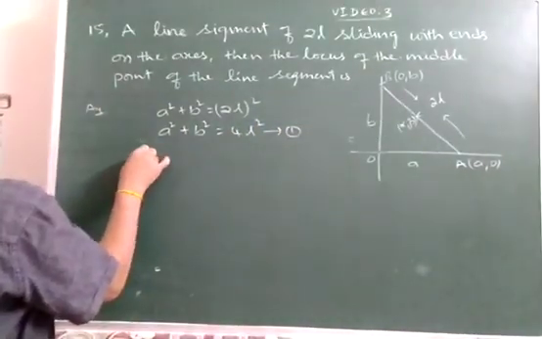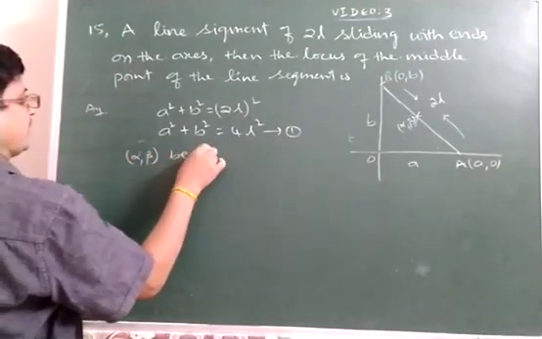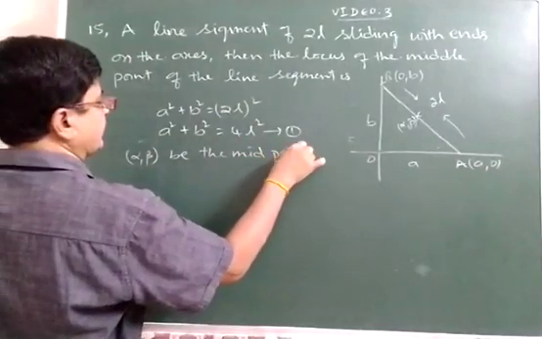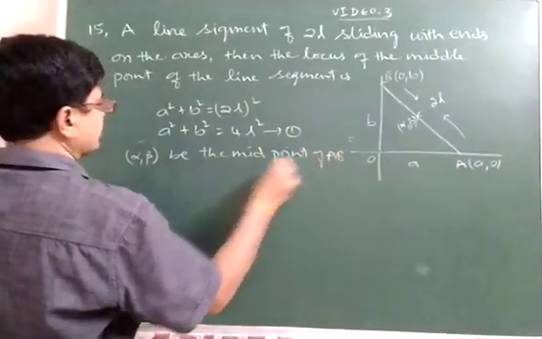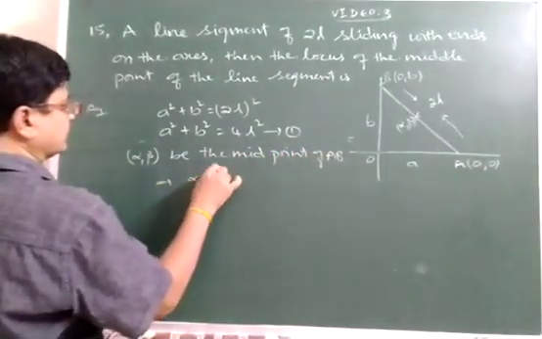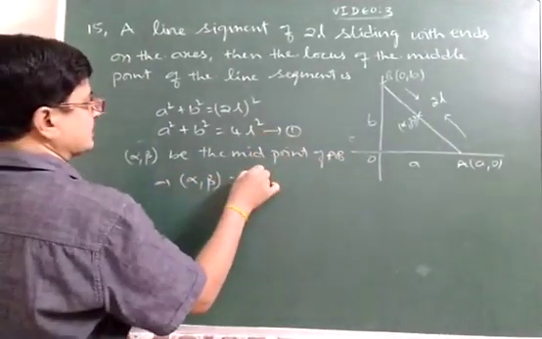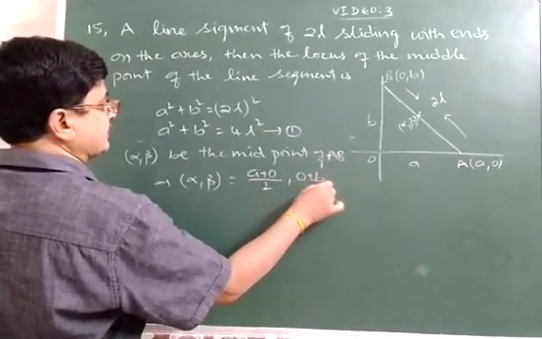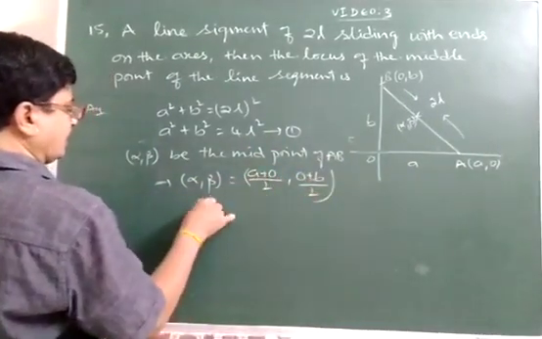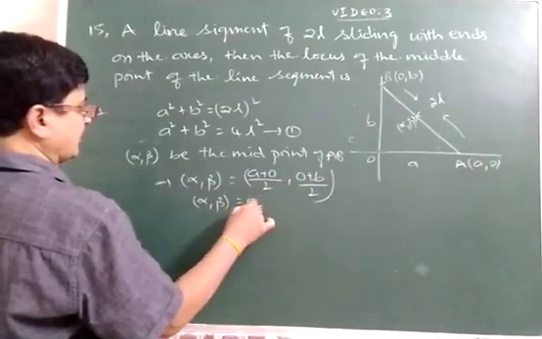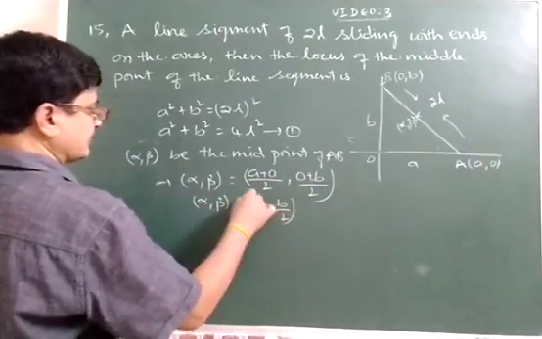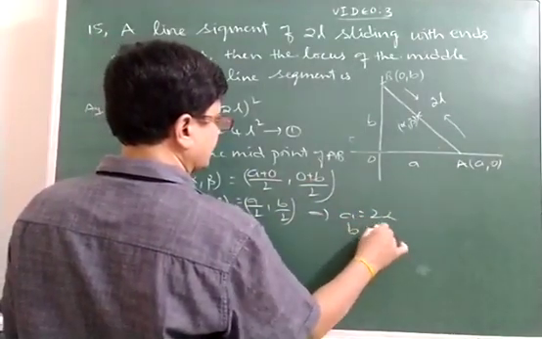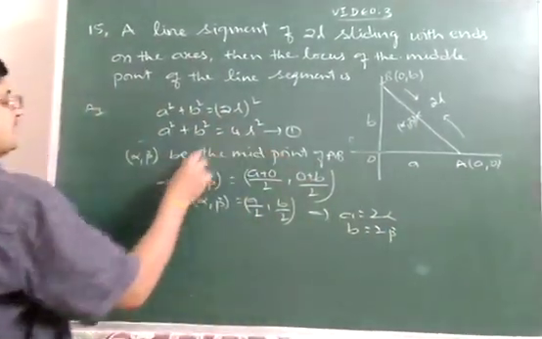Let (alpha, beta) be the midpoint of AB. So (alpha, beta) is equal to the midpoint, that means ((a plus 0) by 2, (0 plus b) by 2). Now (alpha, beta) is equal to (a by 2, b by 2). So a is equal to 2 alpha and b is equal to 2 beta. Substitute these values in 1.